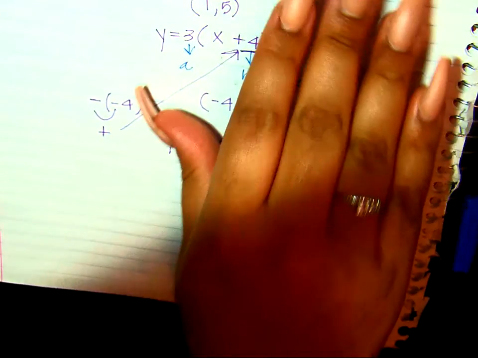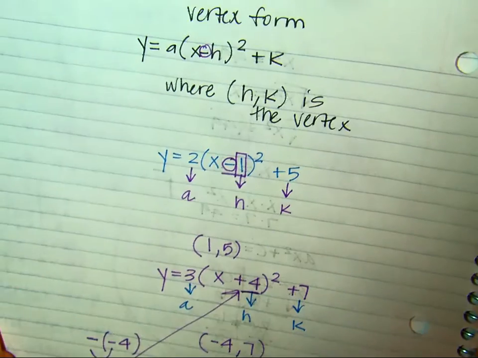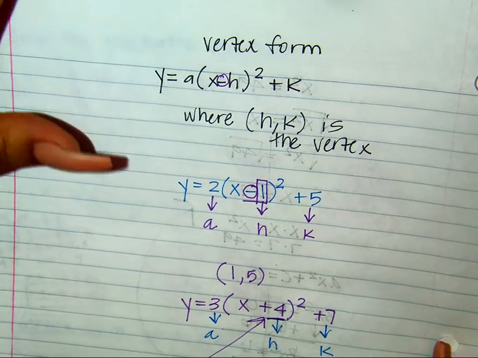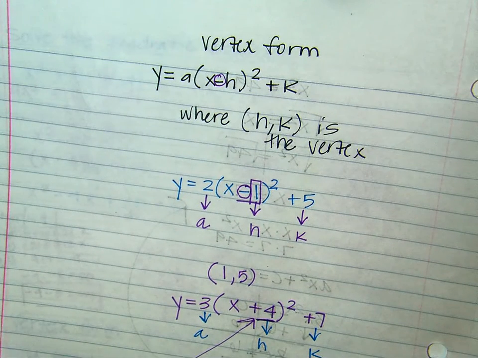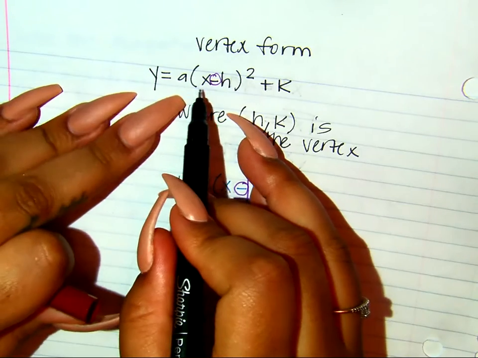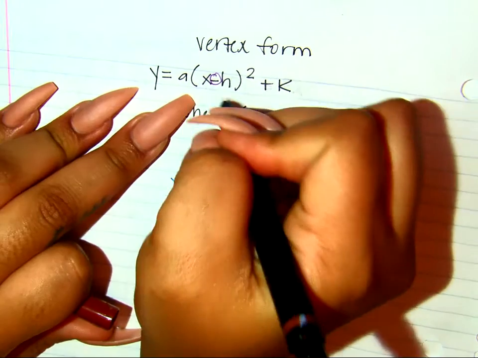Alright, in the previous video that I uploaded called Zero Product Property, it went over a few problems with you, so I'm not going to go over those. However, I am going to look at the vertex form. I've recorded this video already, so I'm just going to talk through it. The vertex form is y equals a times x minus h.